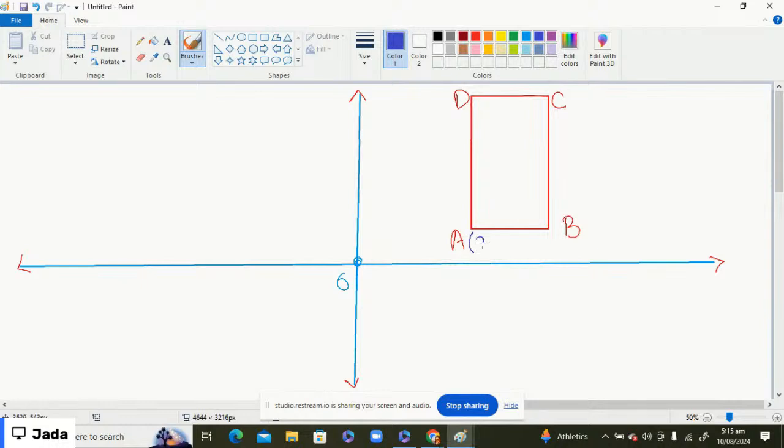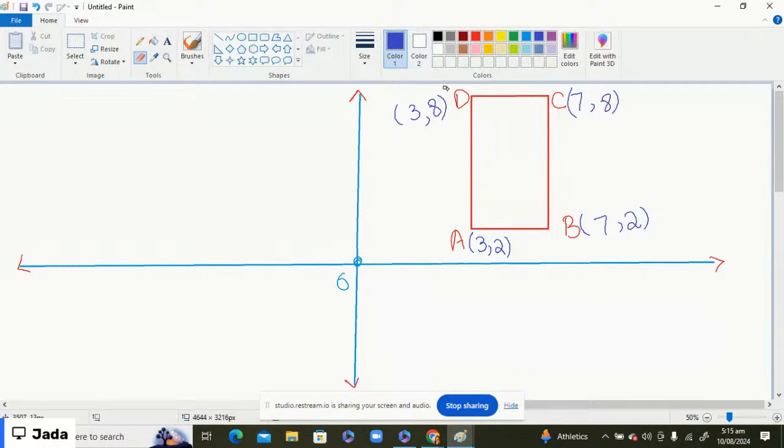For example, here the point is 3 and 2, like 3 is for x-axis and 2 is for y-axis. This is for 7 and 2. Let's just suppose this is for 7 and 8. And now for D, it's 3 and 8.